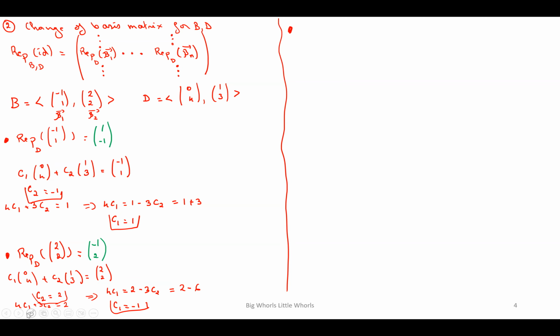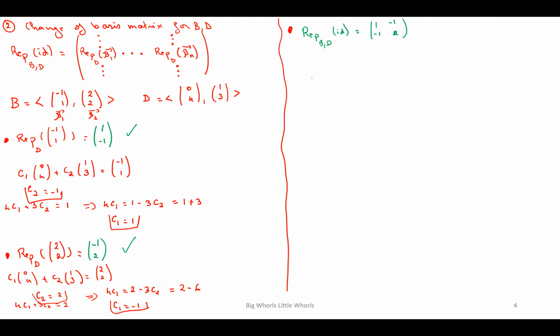Okay, so that means the change of basis matrix, the representation with respect to B, D of the identity map, is equal to this vector concatenated with that one. So we have (1, -1) and (-1, 2).